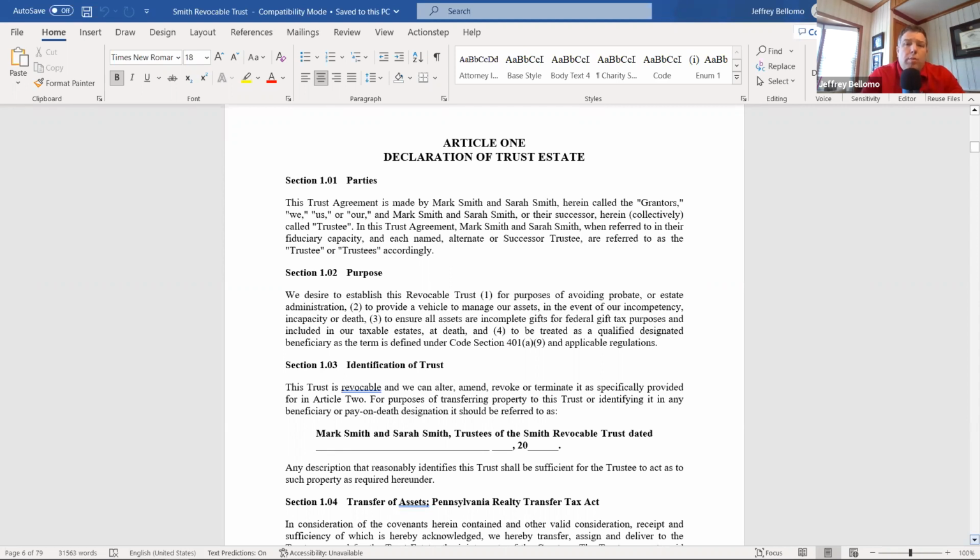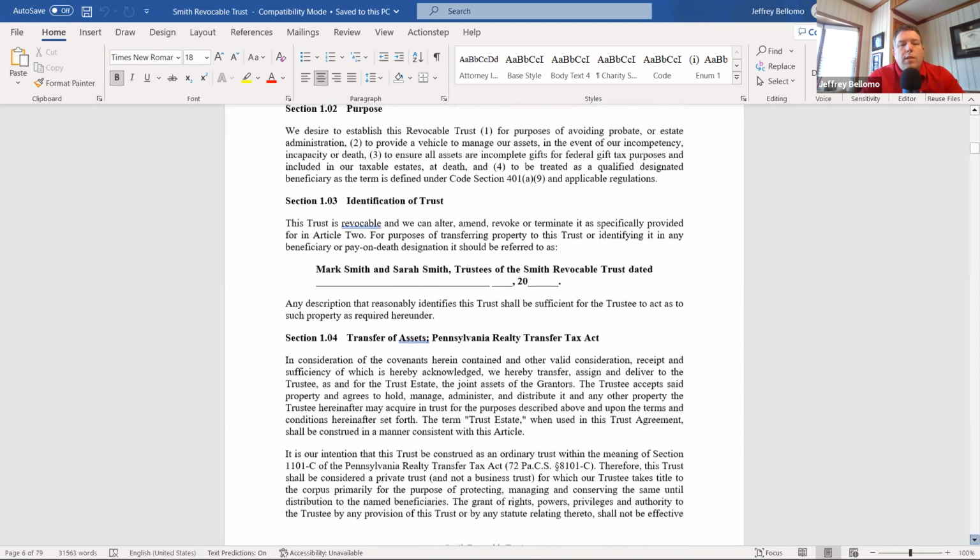So there is no completed gift being given, which we don't want there to be. I just wanted to point that out. And also in regards to the 401(k), we have all the language in here for this to be qualified as a designated beneficiary, which they call under the Secure Act a qualified designated beneficiary, but we'll get to that in a little bit.